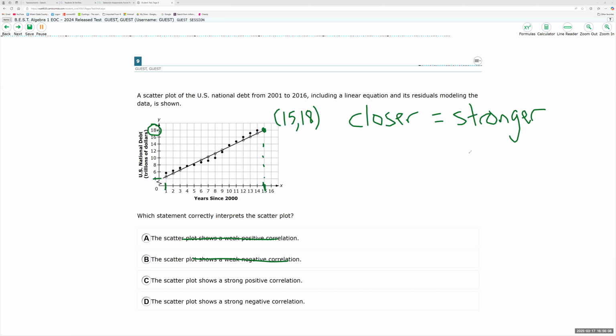And a previous point such as this, let's see if we can find a close point. Let's say this was close to 2 and 6. We can see that it went from 2 and 6 to 15 and 18. So that's an increase in x and an increase in y. So this is a positive, strong correlation. So pause your video.